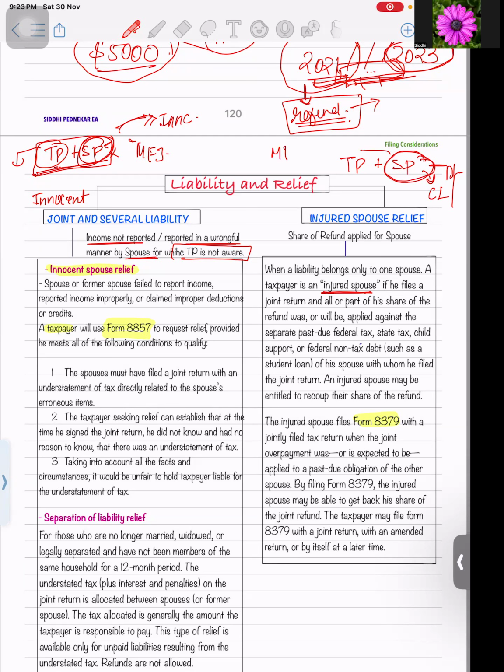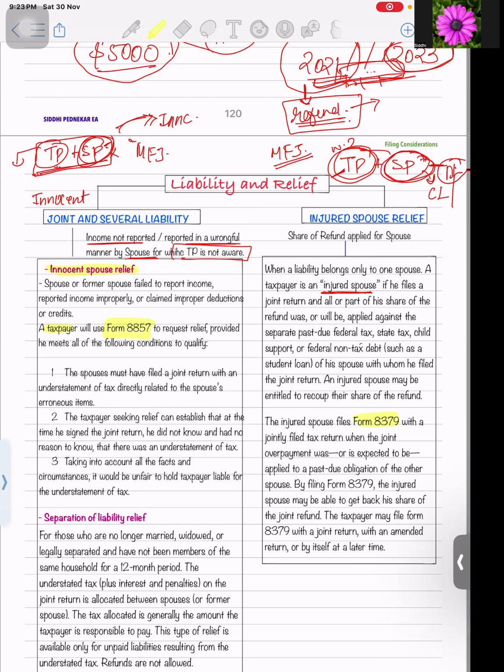Since they are filing an MFJ return, all his income is getting set off against the losses, because wage income is an active income, business income is also an active income. So it is getting offset against each other, and due to which this person, the taxpayer, is not receiving any refund, right? Then he can be considered as injured, that his refund is wrongly applied against the spouse's losses.